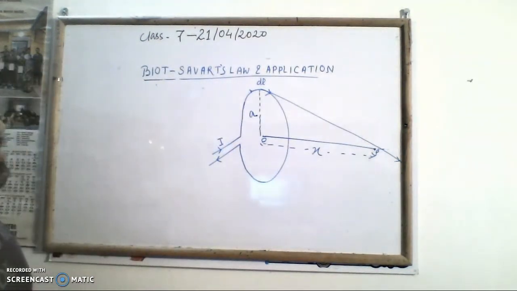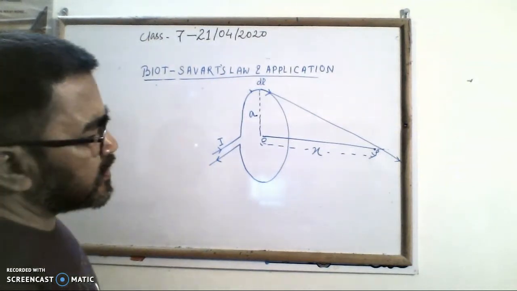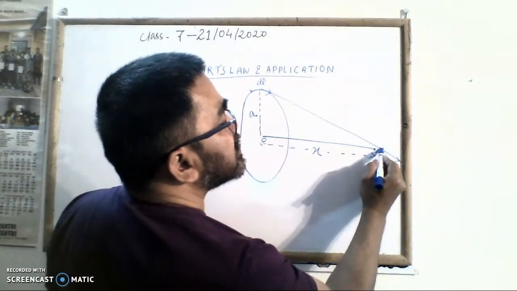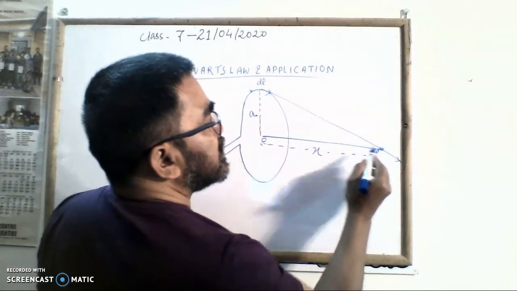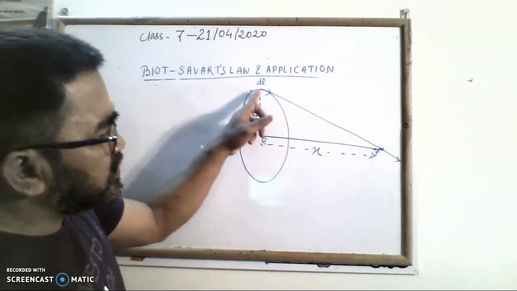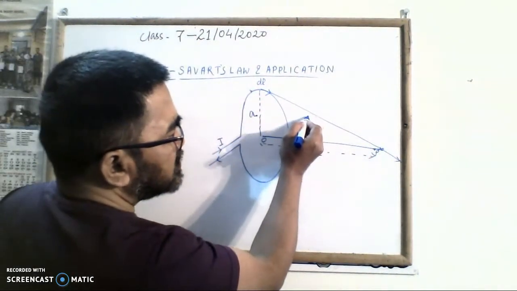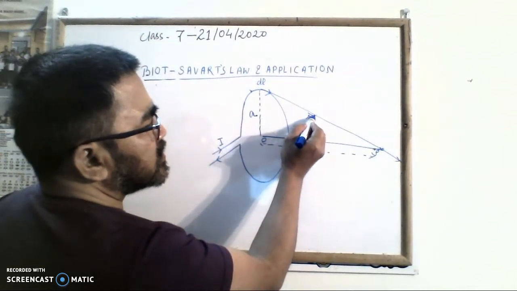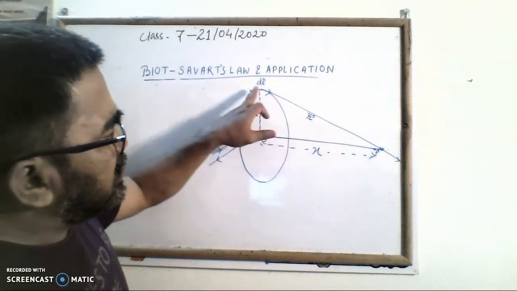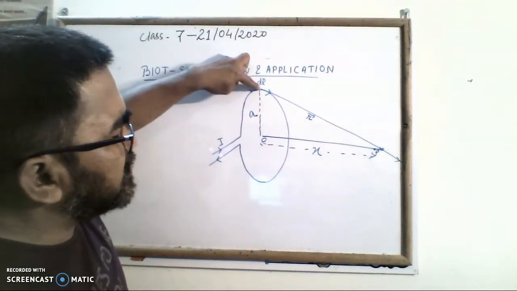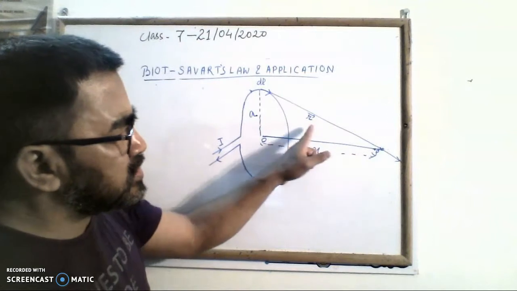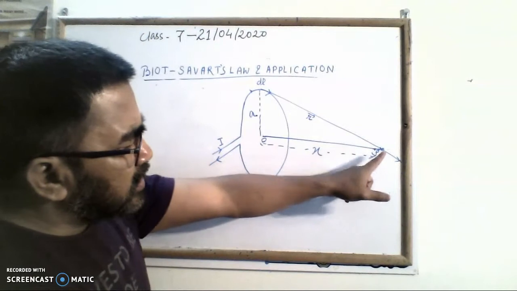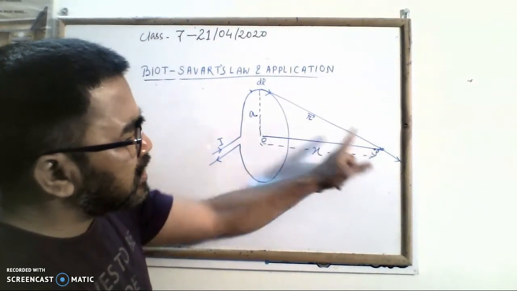So as you know, the magnetic field produced at point P is perpendicular to both this distance. Suppose this distance is R vector. The distance from this elemental length to the point P is R, and the magnetic field produced at P is perpendicular to this length.